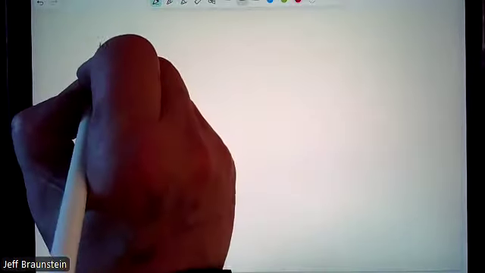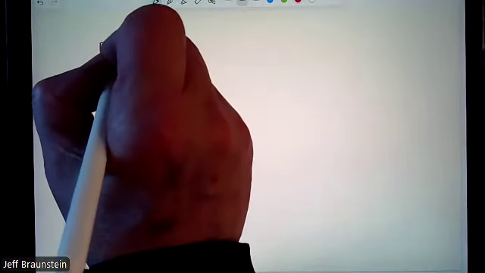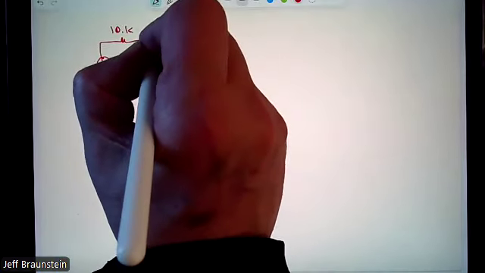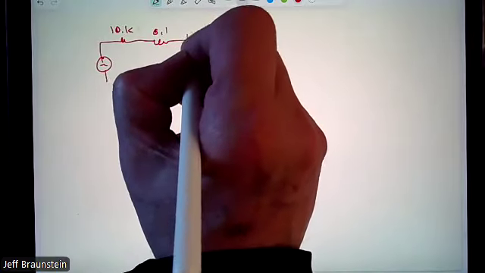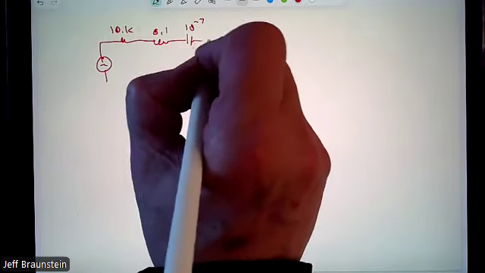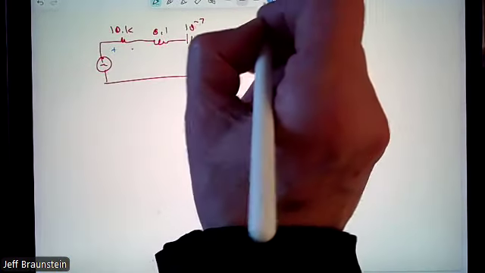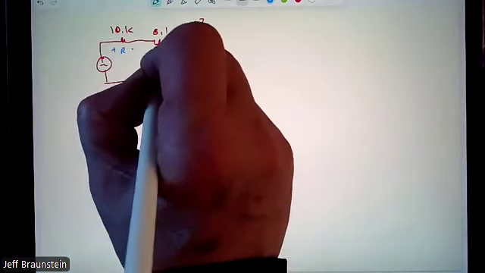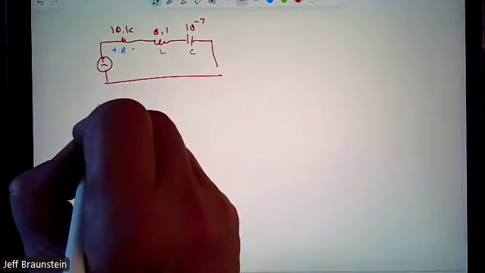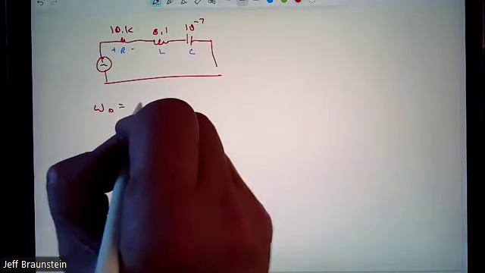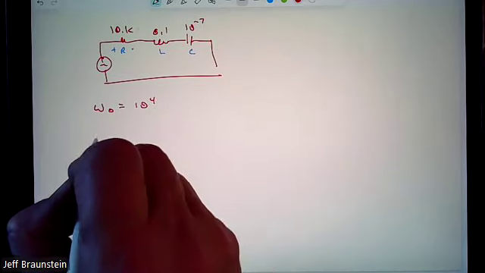We had 10.1 K, 0.1, 10 to the minus 7. Here's our V out across our resistor, R, L, and C. We can look at omega naught, crunch the numbers there, we get 10 to the 4.